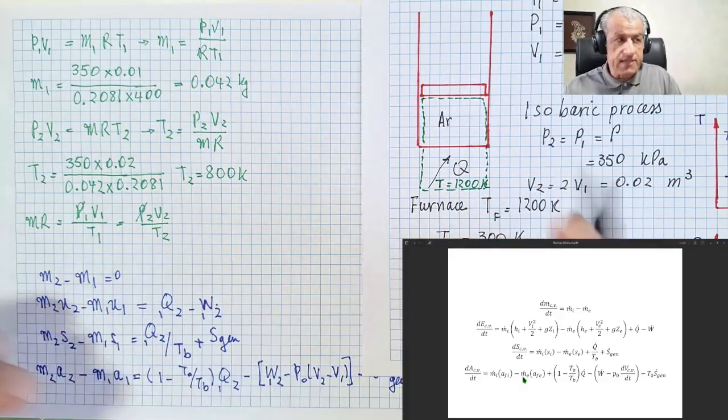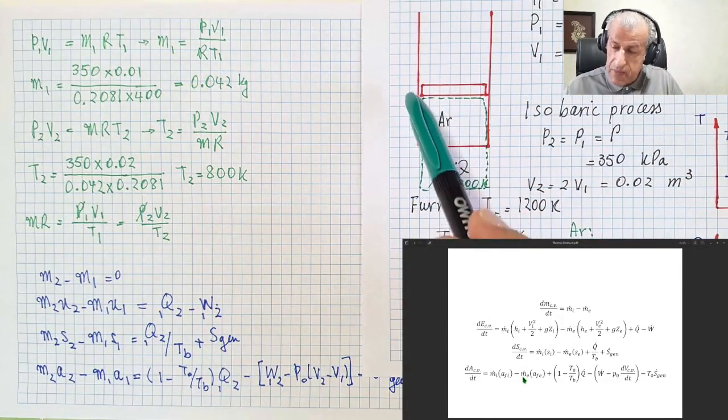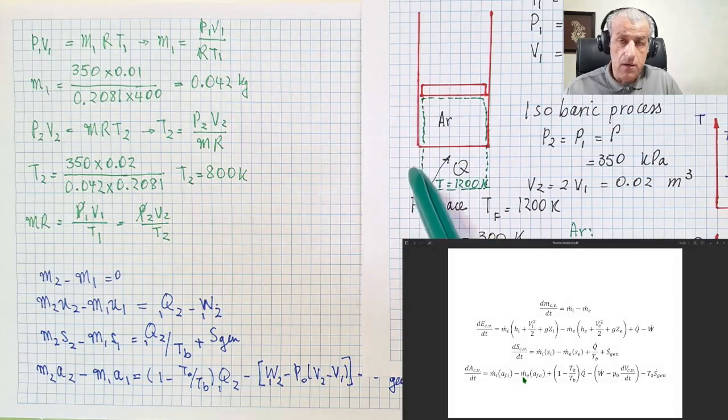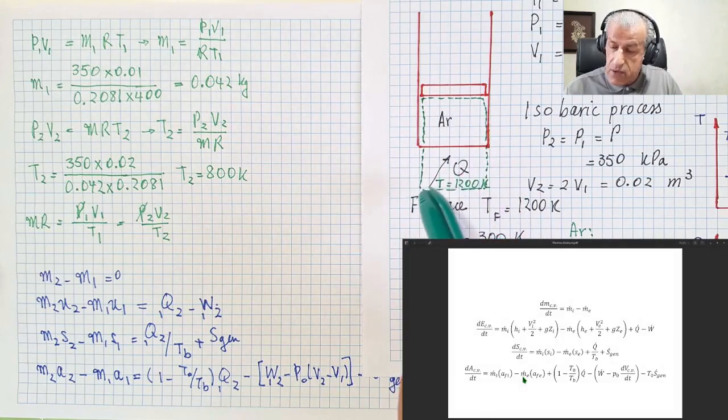So my selection of the boundary for these three boundaries is a boundary where there is no heat transfer from it, but this boundary is a boundary where its temperature is 1200 Kelvin, and therefore it equals the furnace temperature.